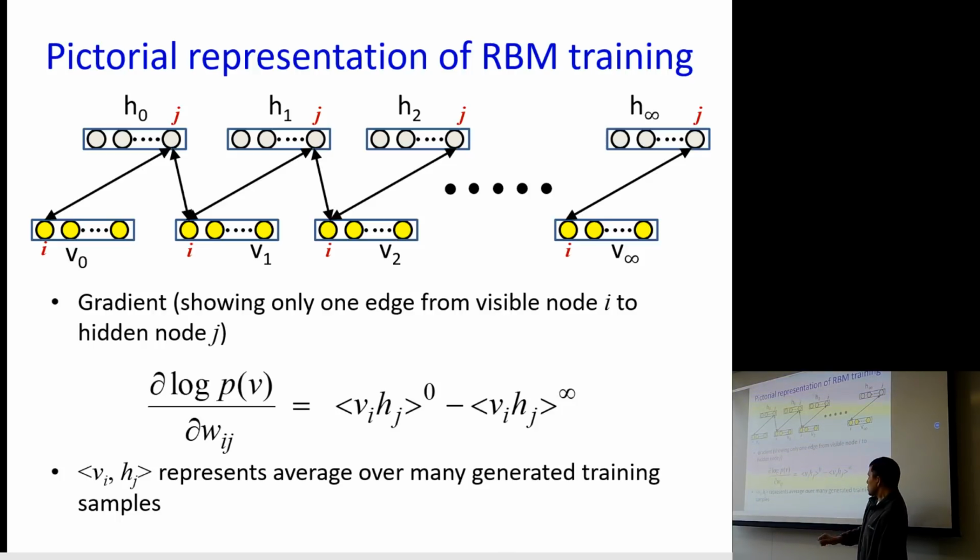The product ViHj is the product of the ith visible bit and the jth hidden bit. You'd compute the average of this over many runs over all the training instances. The second term is the product of the ith visible bit and the jth visible bit at the end of the evolution. The difference between the two is your gradient.